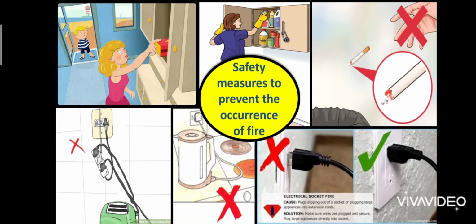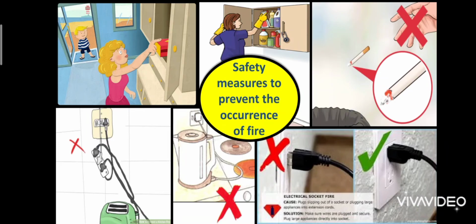For the third picture, you can see the cigarette butts. They are still burning. Throw them in the dustbin. You must avoid this habit because this will lead to fire.